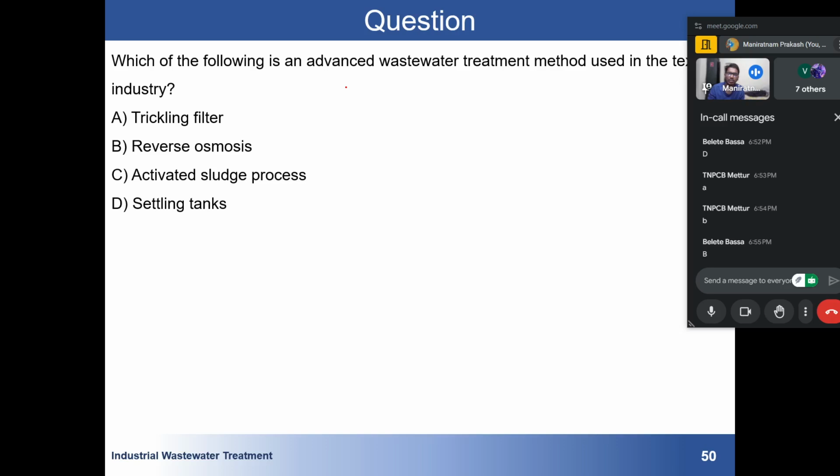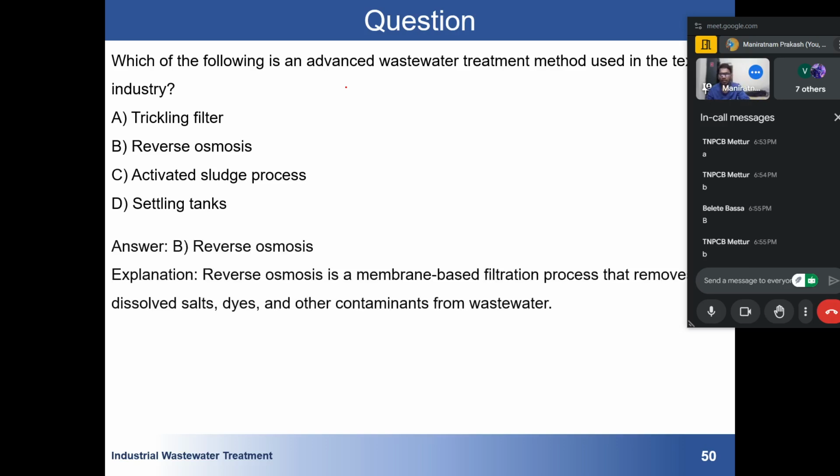Which of the following is an advanced wastewater treatment method used in the textile industry? B. Yes, reverse osmosis is a membrane-based filtration process that removes dissolved solids, dyes, and others.